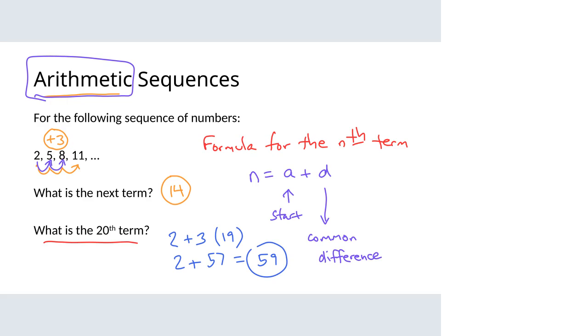And then this is a little bit of a tough one. We'll see if we get there on this. When it was the 20th term, I needed to do that common difference 19 times. When I'm looking for the nth term, how many times do I have to do that common difference? And it's not going to be a number answer.